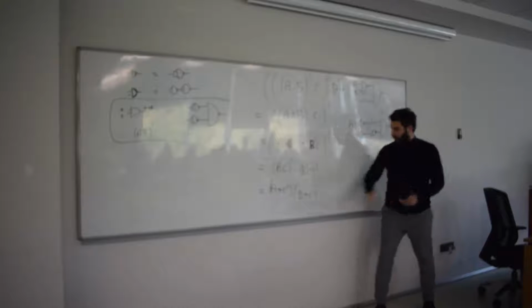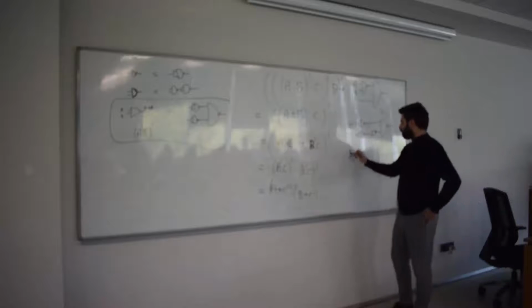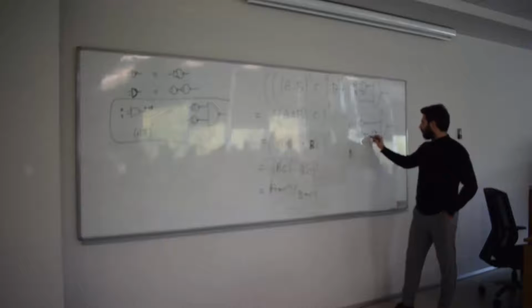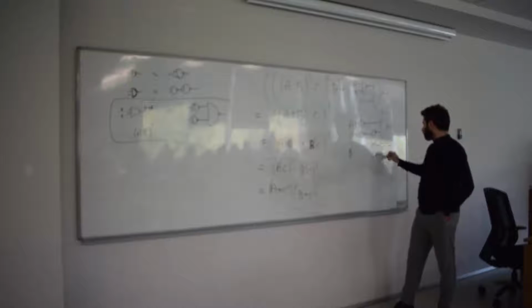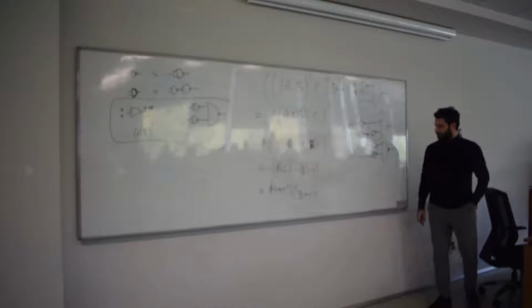And also I have B plus C prime. Okay, so I have B, C prime already implemented right here. So I have to put it through another OR gate, right? This is my OR gate, right? And this is my C prime, and this is my B. Okay?